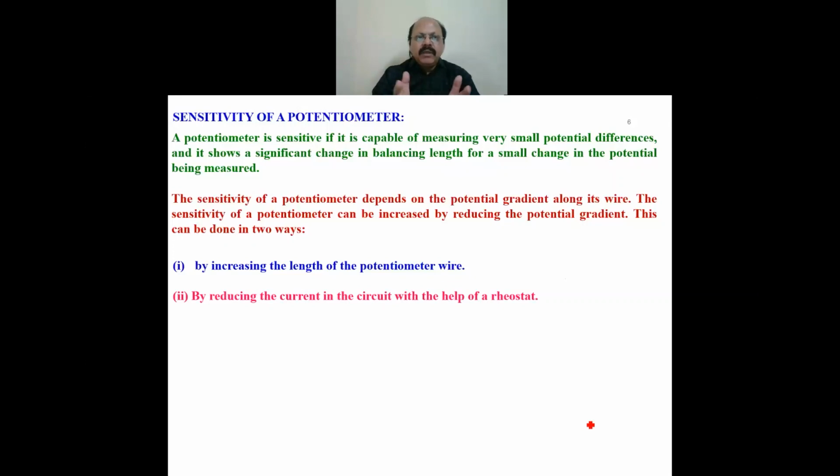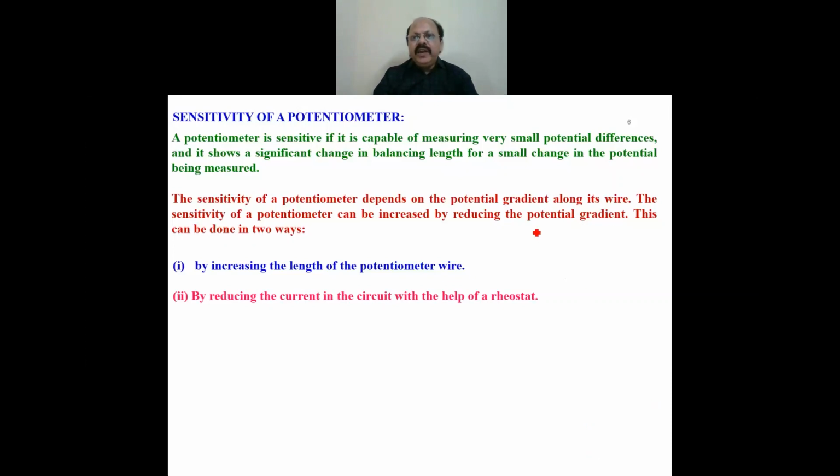So the sensitivity of the potentiometer basically depends on the potential gradient along its potentiometer wire. And the sensitivity we can increase by reducing the potential gradient.